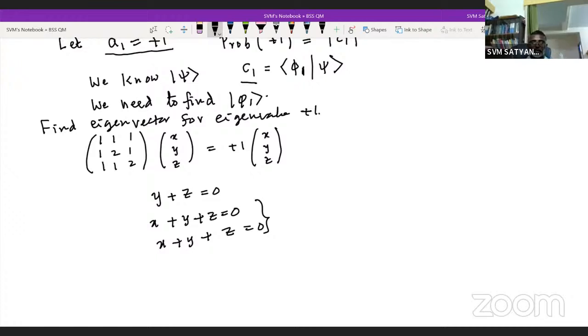Okay. So now what is it that we are getting? We are getting y is equal to minus z from here. And if I put y is equal to minus z into these two equations, I will get x is equal to 0. Correct?